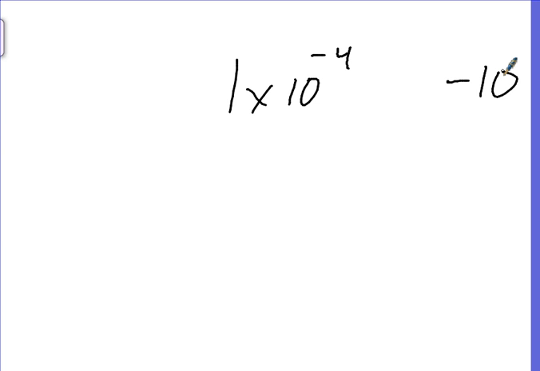No. So which one's bigger? Yeah, this one is bigger. That's the bigger one because that's just a small number, still bigger than 0 though, and that's bigger than negative 10. All right? These are always going to be bigger than any negative number. All right? So don't forget that either.